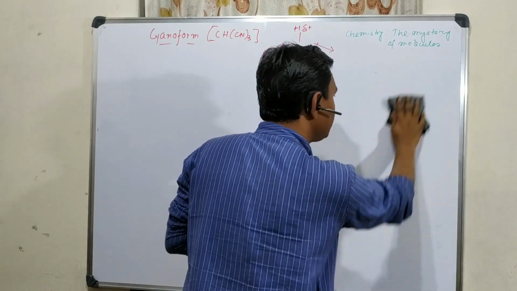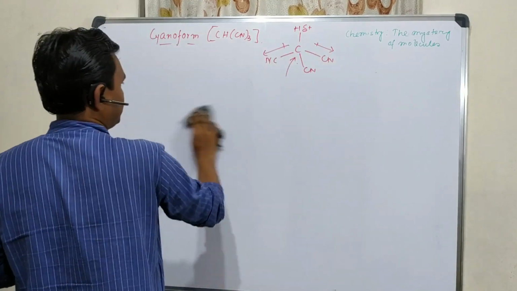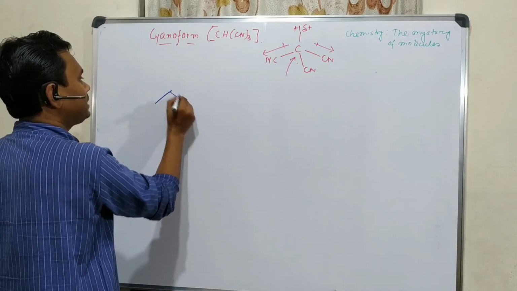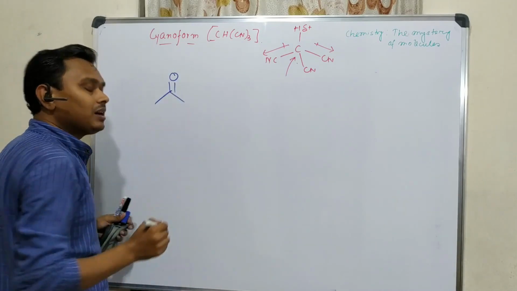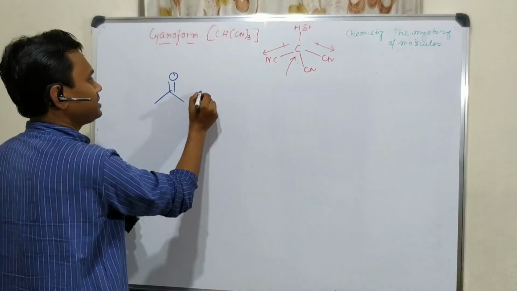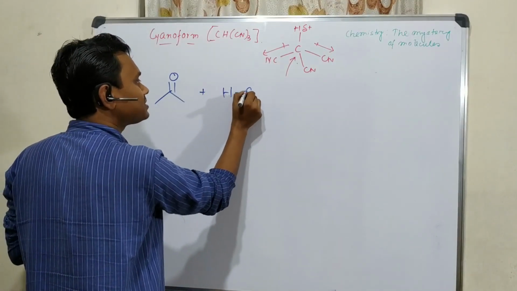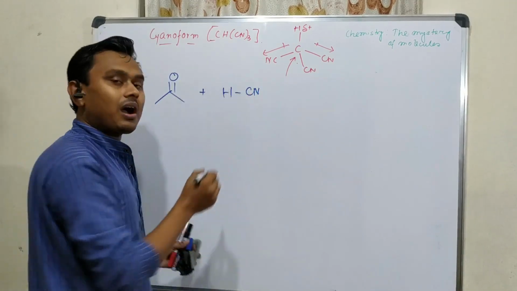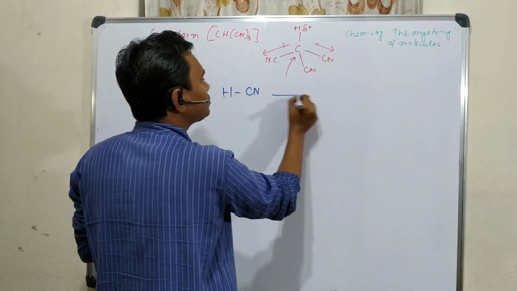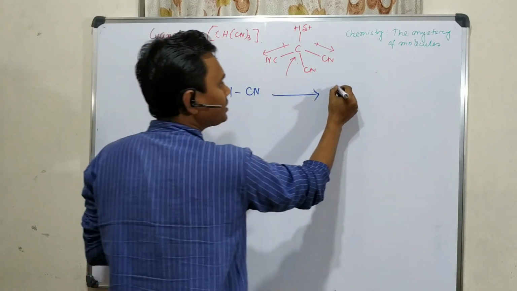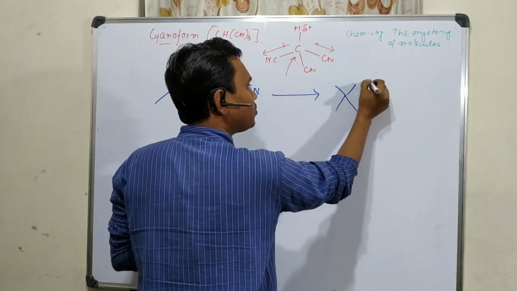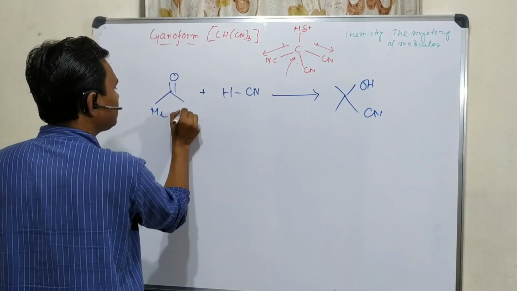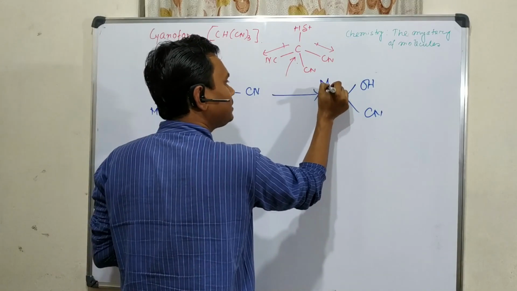Before going to the comparison, I will give another property of this. For example, if we consider a carbonyl group, we know it undergoes addition reactions. For example, cyanohydrin formation with HCN. Why have I chosen cyanohydrin? Because it is also a carbon-based nucleophile. The addition reaction gives OH and CN. If we take acetone, then the product looks like this.